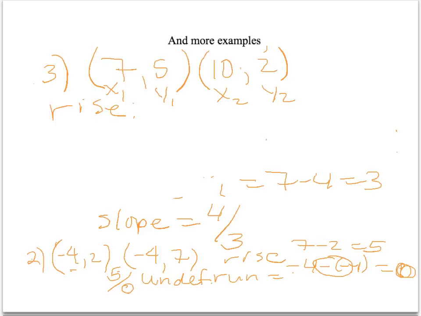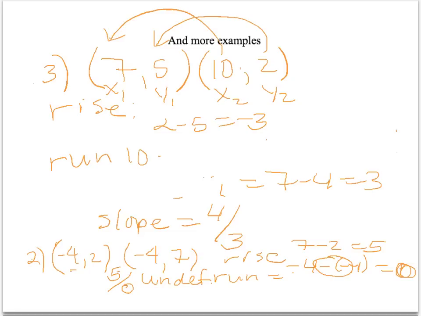My rise is going to be y2 minus y1, or 2 minus 5. That gives me a -3. And my run, we've got to go in the same direction for both, is going to be 10 minus 7, which is positive 3. So my rise over my run gives a negative 3 over a positive 3, which is a negative 1. So just looking at this, I know that my line has a negative slope, so it'll go downhill.